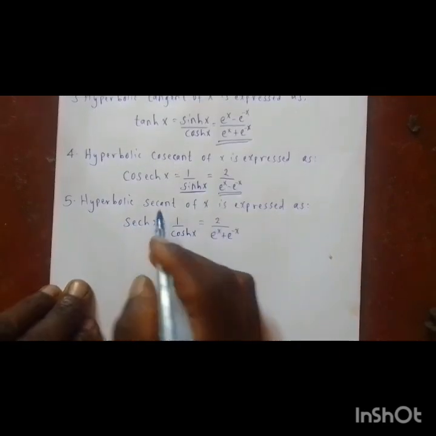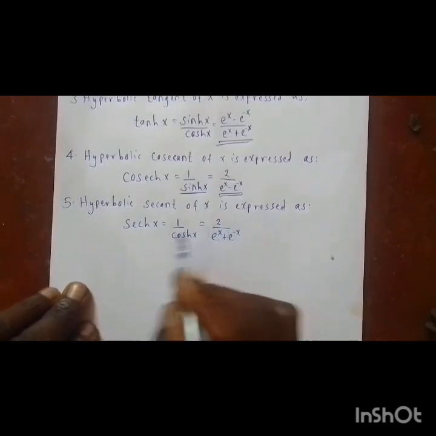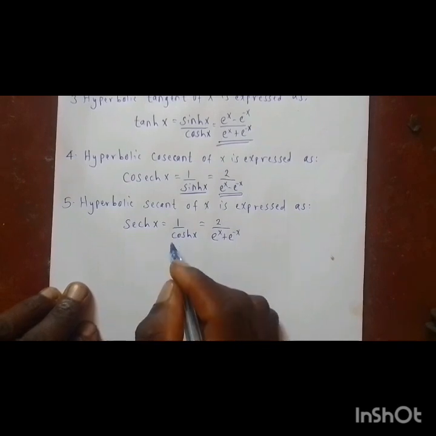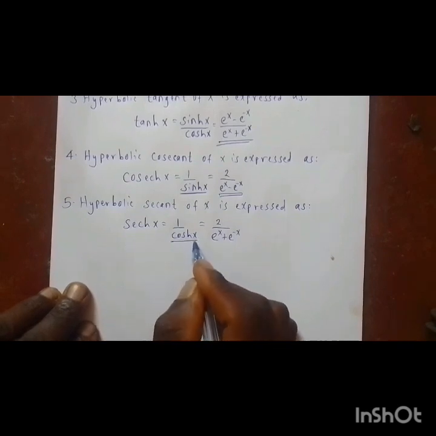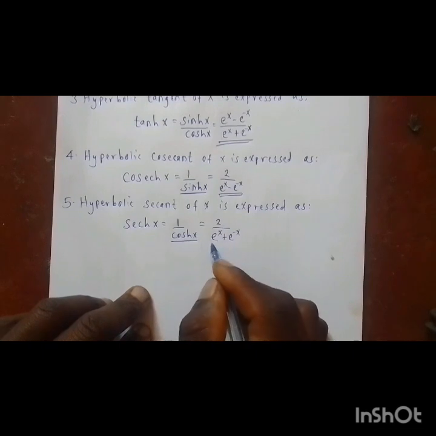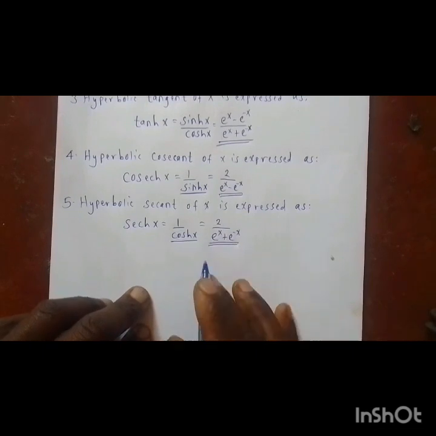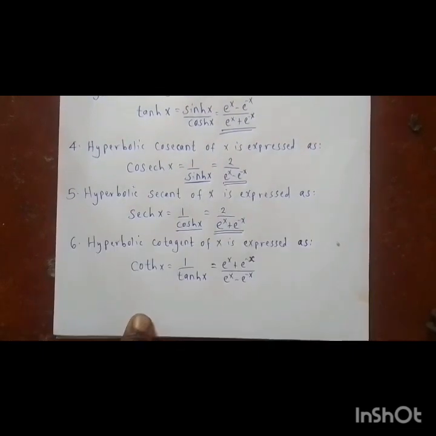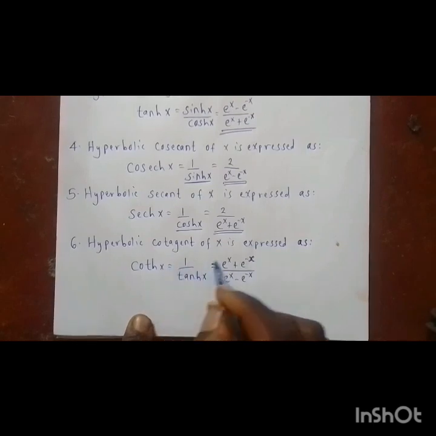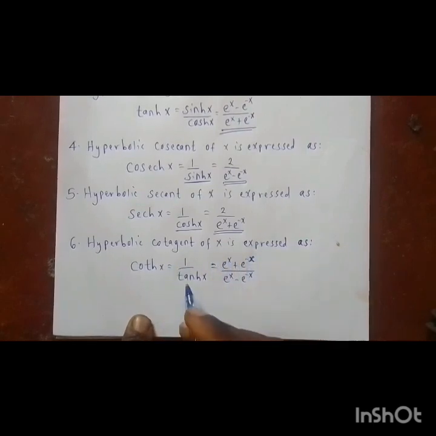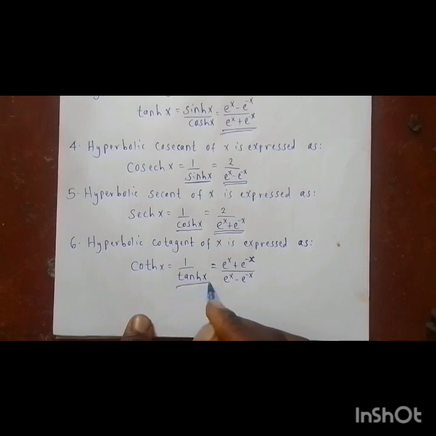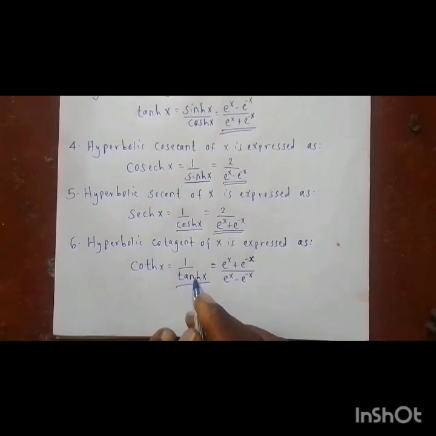The hyperbolic secant of x is expressed as the reciprocal of the hyperbolic cosine of x, so it is expressed in this form. Hyperbolic cotangent of x is expressed as the reciprocal of the hyperbolic tangent of x, so it is expressed in this form.